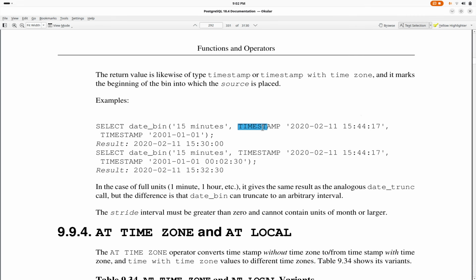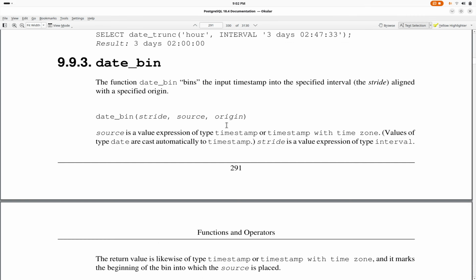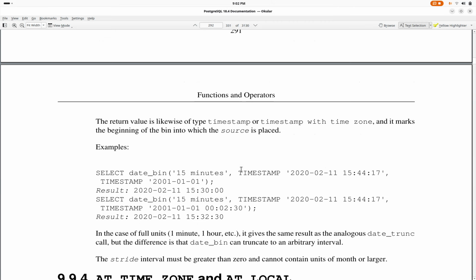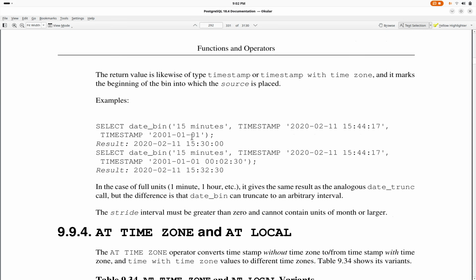Two timestamps are given: this is what we call the source, and this one is the origin. Output is this date, and it brings it to 15:30. So 15 minutes are subtracted here.